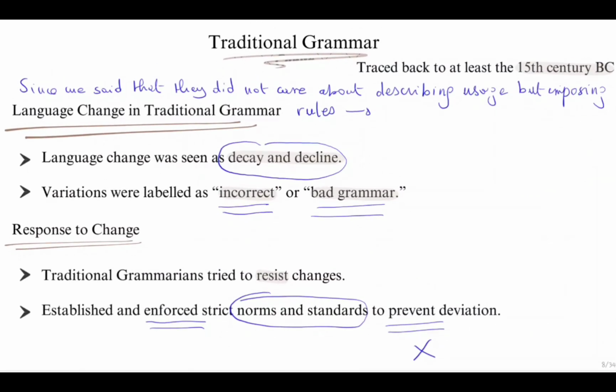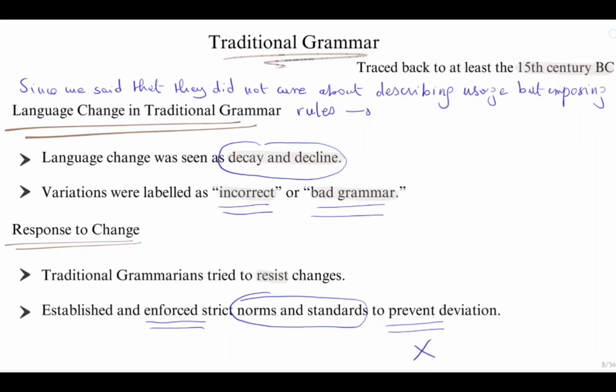Now for language change in traditional grammar. Since we said that they did not care about describing usage but imposing rules, then obviously they what? They considered language change as a decay or a decline. And so for them, variations in this regard, they refer to what?